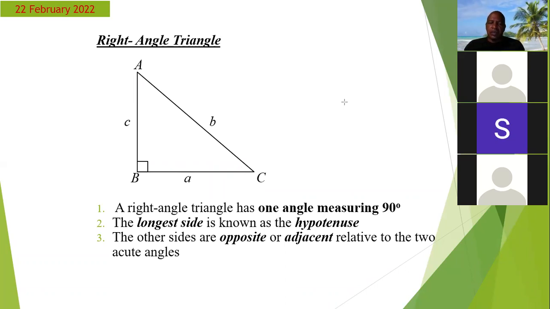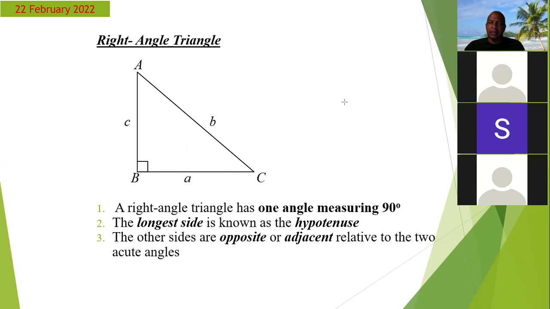I went through opposite because I think it is the easier one to understand. Now, we cannot refer to a side which is opposite unless we are relating it to one of the non-right angles of the triangle. Now, the right angle, which is at B, the side which is opposite to the right angle is the hypotenuse. It is the longest side.